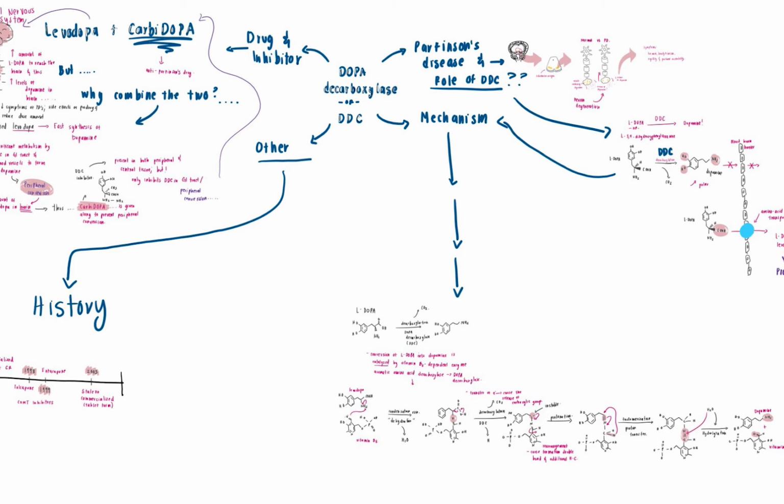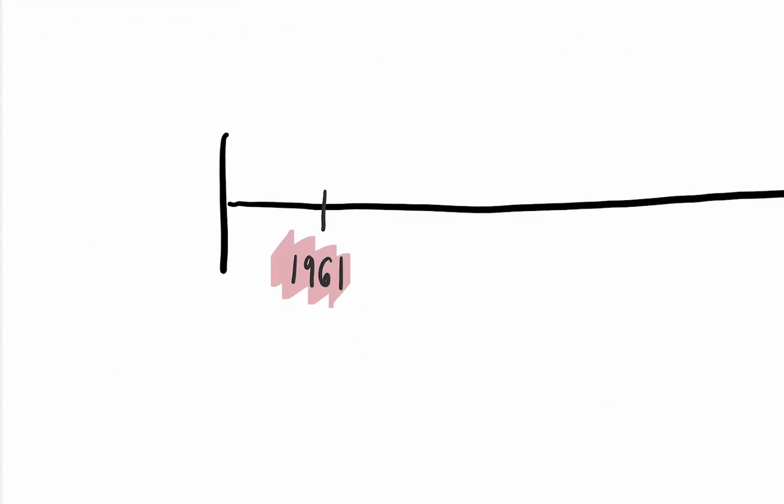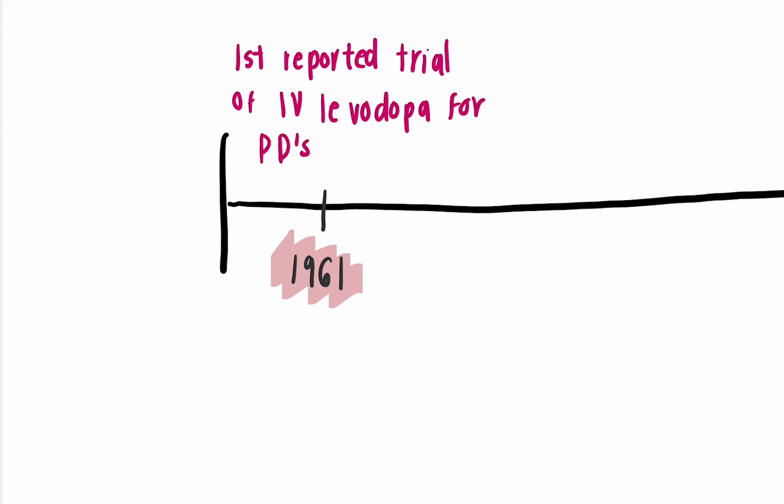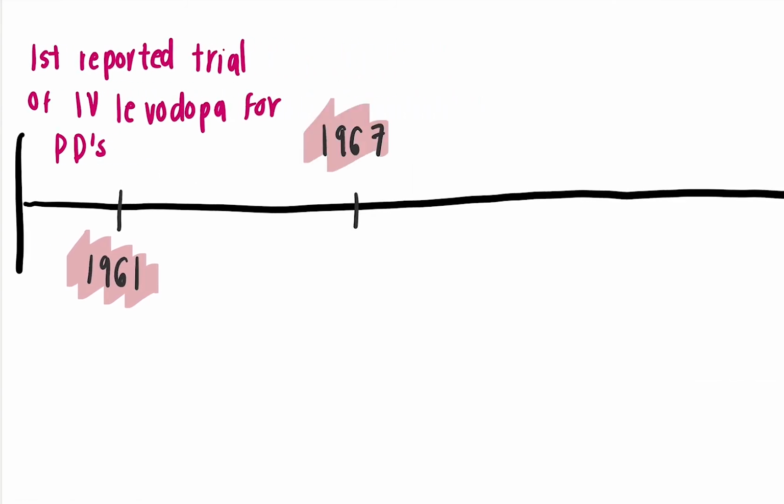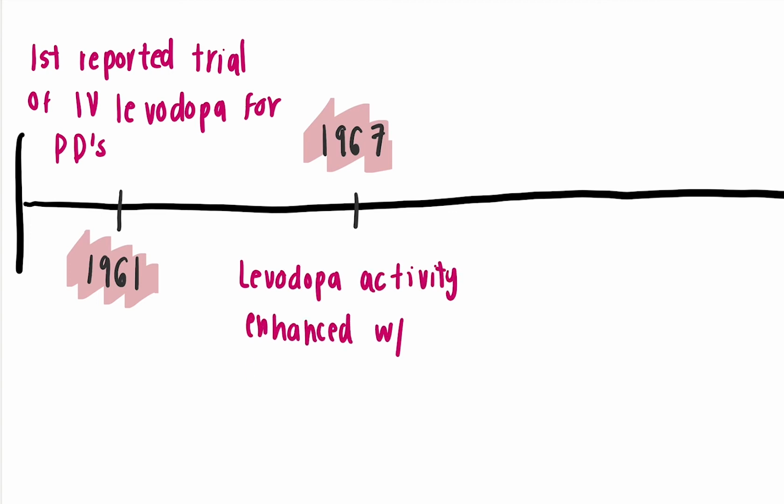In 1961, DOPA was reportedly used on Parkinson's disease patients intravenously. From 1961 to 1967, you can see that many patients develop motor fluctuations and dyskinesia, where motor fluctuation is the decline in the usual benefit from a dose of levodopa, and dyskinesia is just abnormal movements of the body.